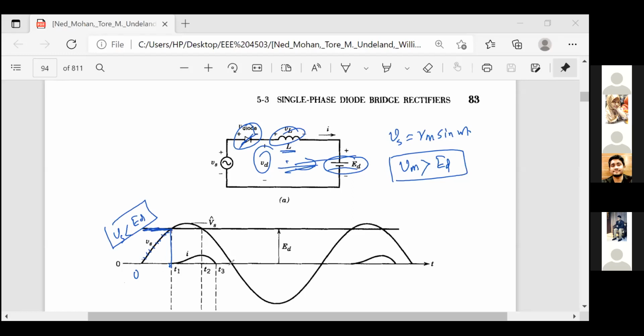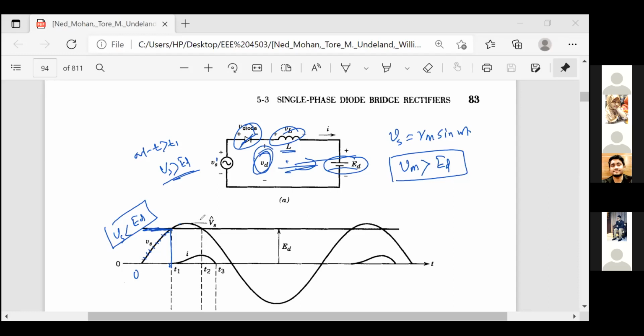And then after T1, Vs is greater than Ed, so the diode will start conducting.